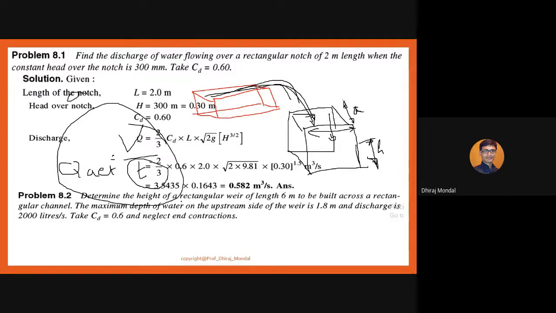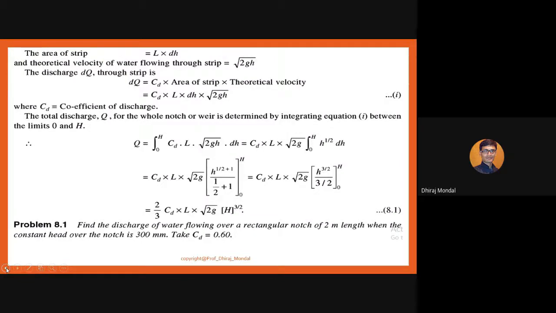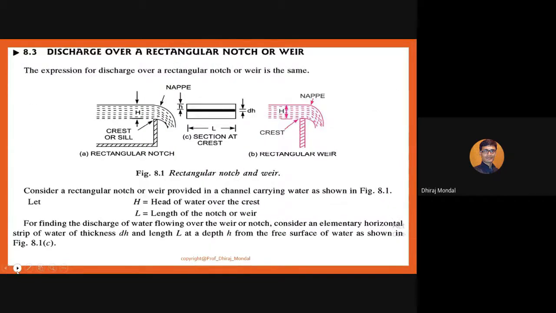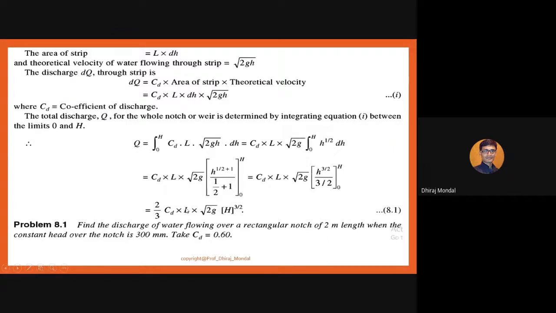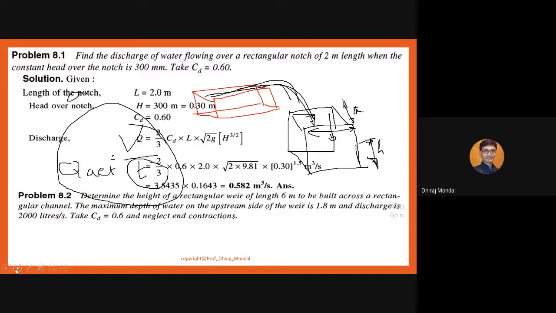And theoretical discharge I have already got from the theory part: 2 by 3 L into root over 2G, H to the power 3 by 2. This H to the power 3 by 2 you can find out from the experiment also, and the volume you can find out, T you can find out.